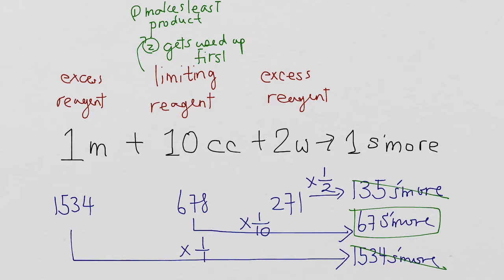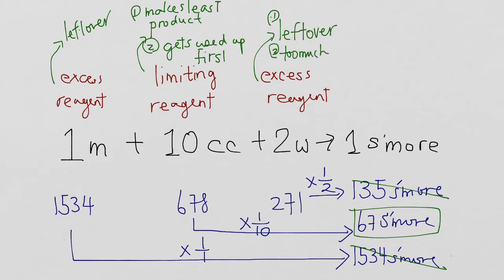So just like here, all 678 chocolate chips will be used up before wafers and marshmallow. In fact, you will have leftover of this reactant. You will have leftover wafers and you will have leftover marshmallow. So the excess reactant is the one you have left over of, and you have too much of. Which actually is the same thing.